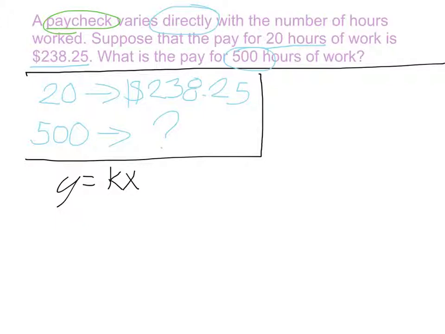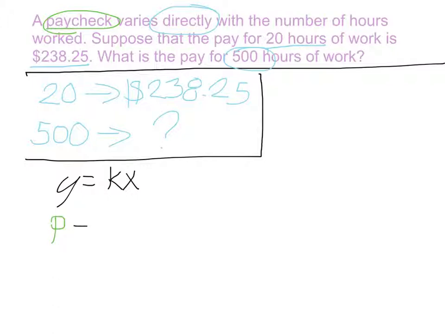As a strategy, most often, the item that they're talking about before the word directly or inversely most commonly refers to your dependent variable, to your y. So I know that y is going to refer to my paycheck, so maybe I'll put p in for that.